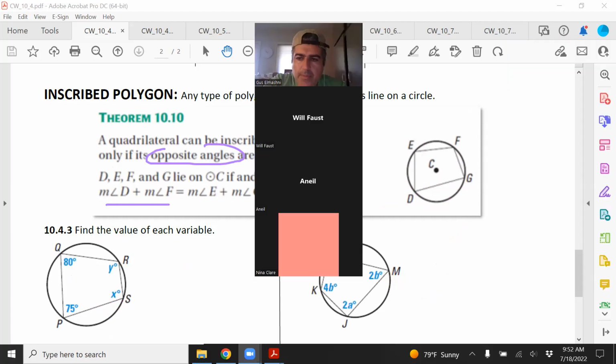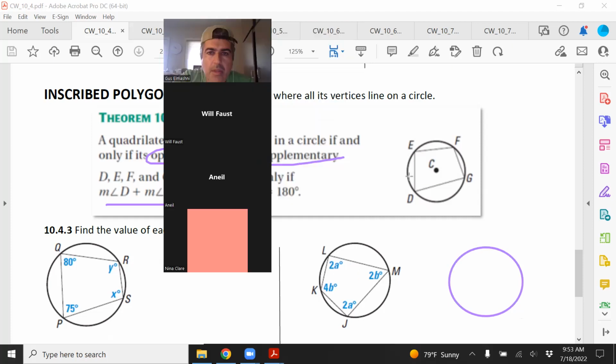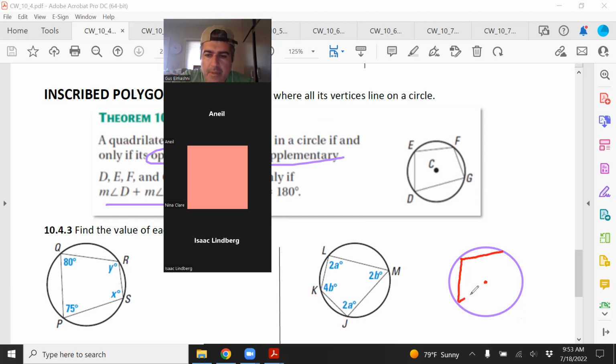The reason why that's going to be true, let's draw this right here. Here's the center. Let me draw the diameter first. Okay, let's say you have something like that there.